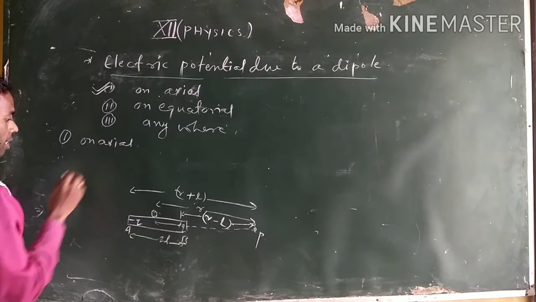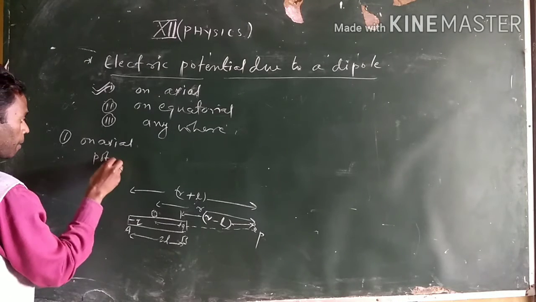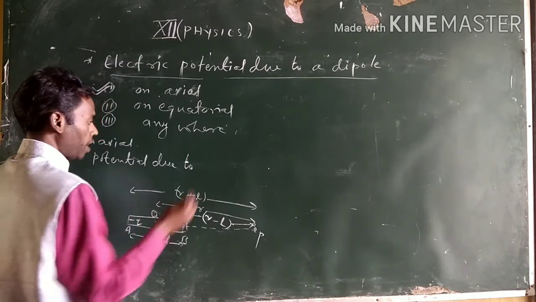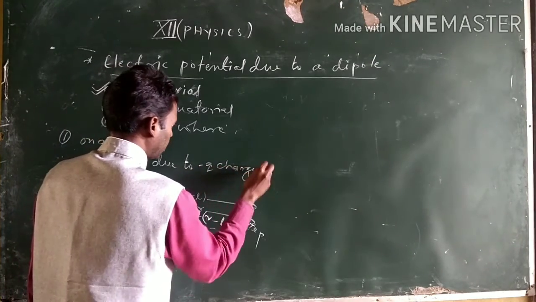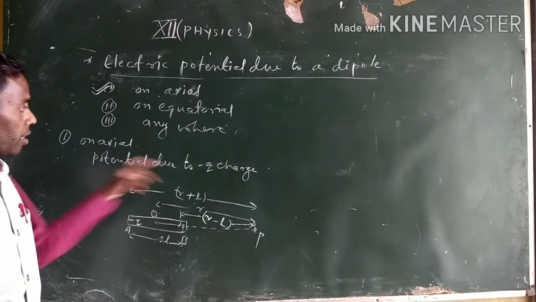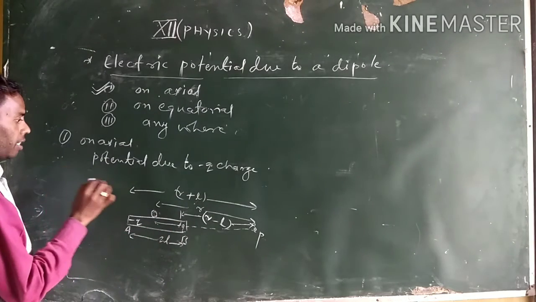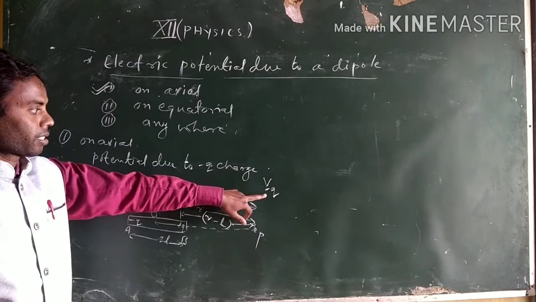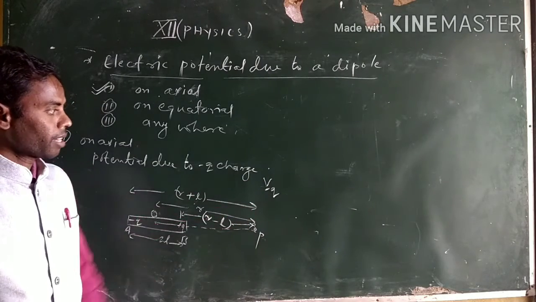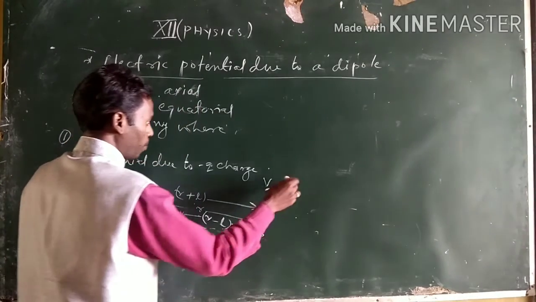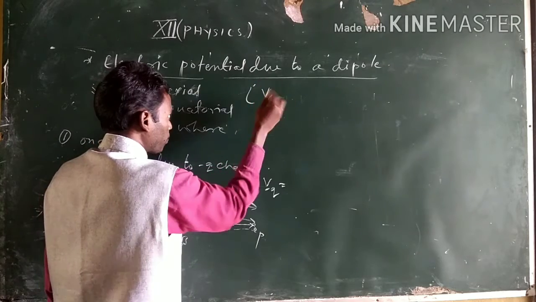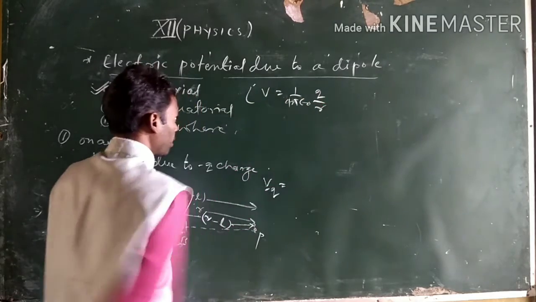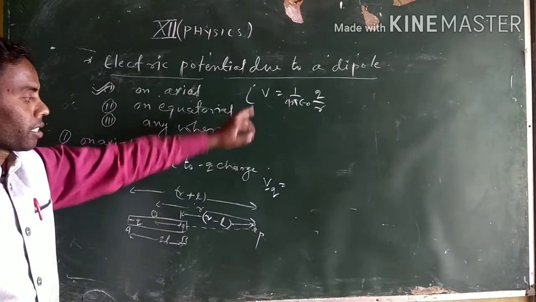Here, the potential at P due to the minus Q charge, we can write as V minus Q. We have already found the formula of potential: V is equal to 1 by 4 pi epsilon naught, Q, the charge, divided by R. We use that formula.